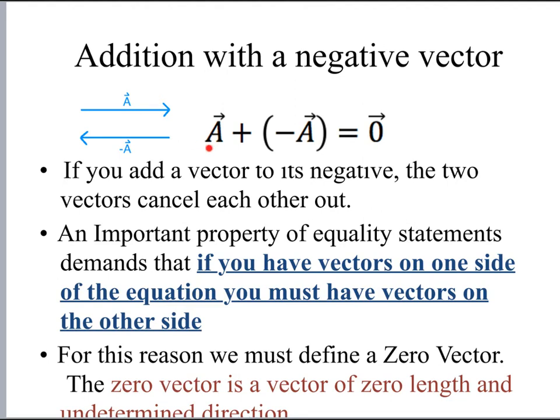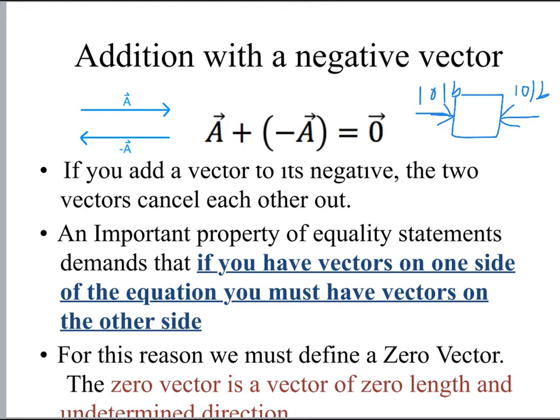And what I've done here is I've added the vector A to the vector minus A, and I end up with 0 back where I started. This works for any kind of vector. You could imagine a box where I'm applying a 10-pound force here and a 10-pound force there. They're in equal and opposite directions, so I'm really applying a 10-pound force and a negative 10-pound force.